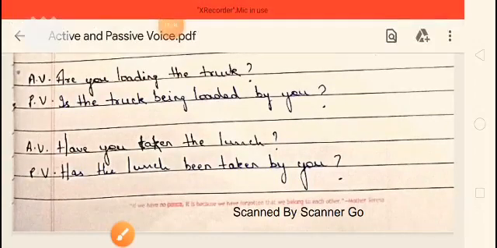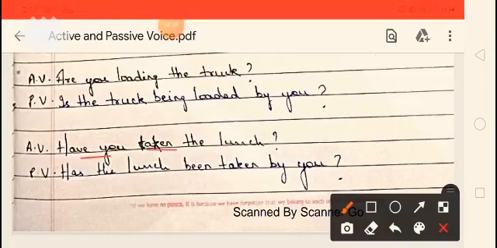Now one more sentence. Have you taken the lunch? This type we have done earlier also.